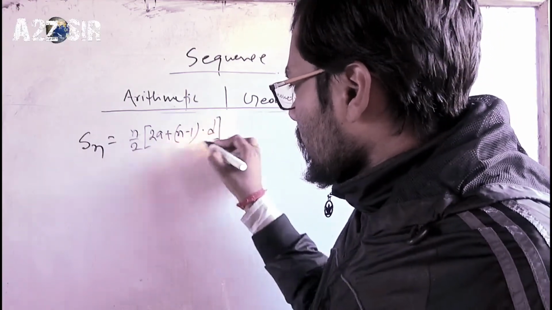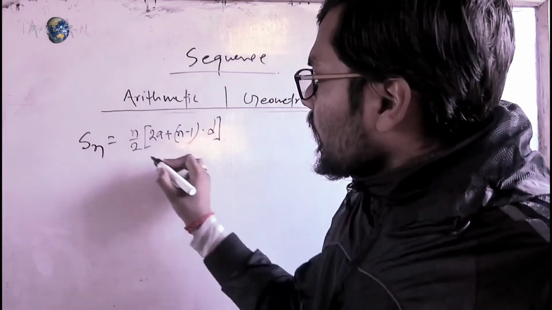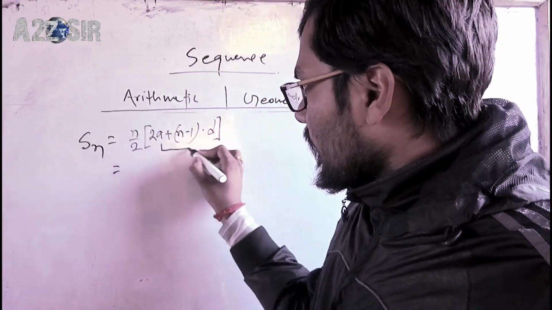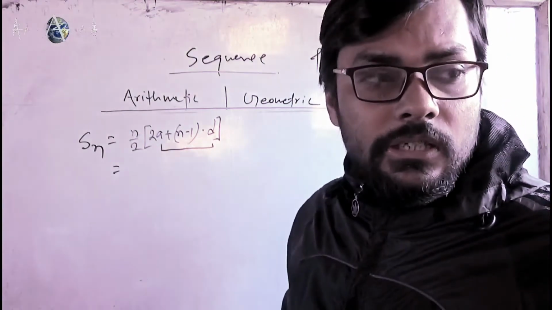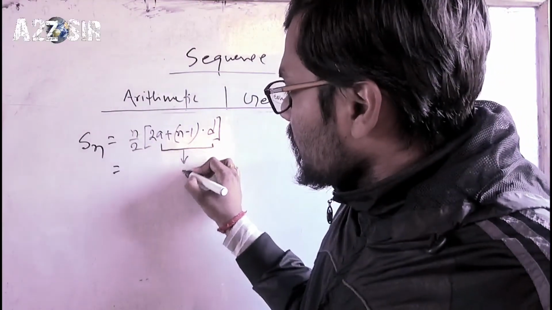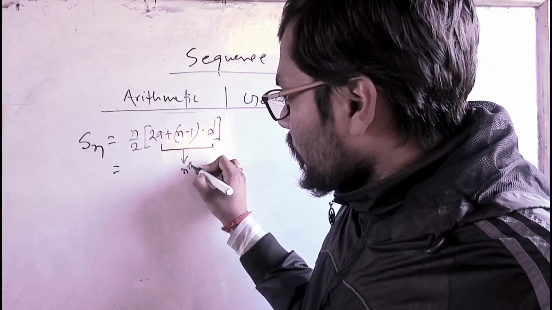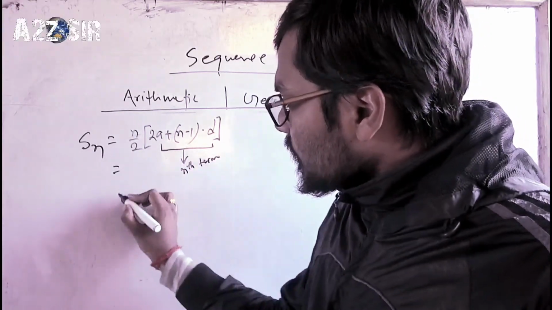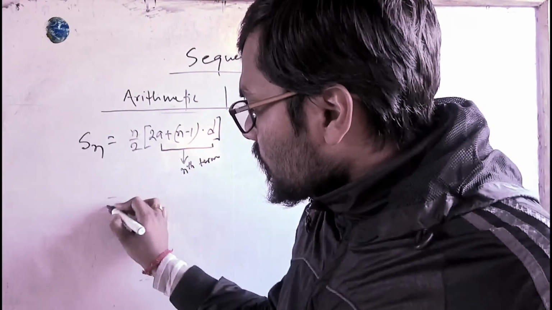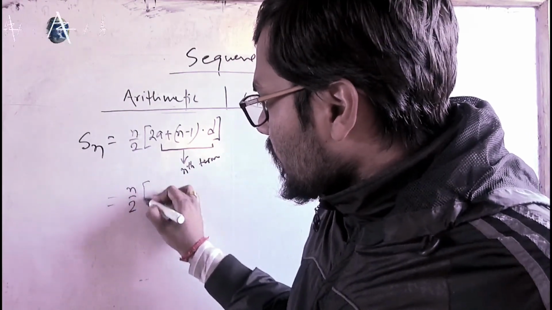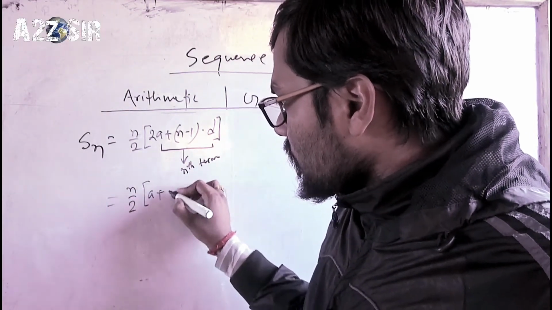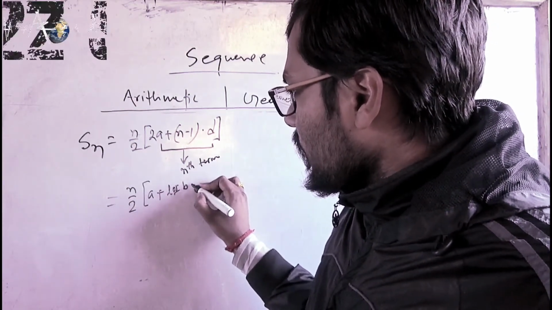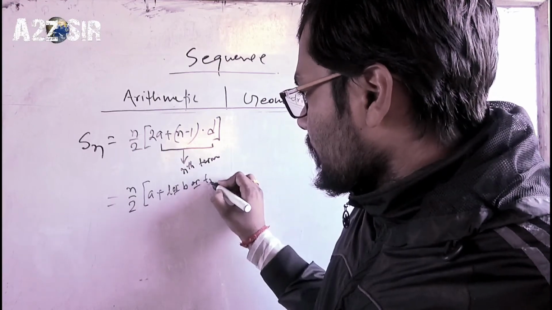After a plus n minus 1 into d, this term directly becomes the nth term of the series, which we discussed previously, so we can use n by 2 and a plus L, or B, or Tn.